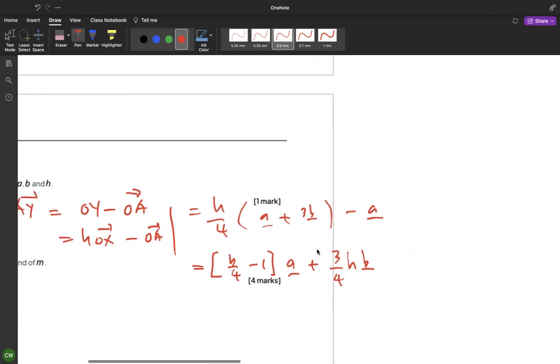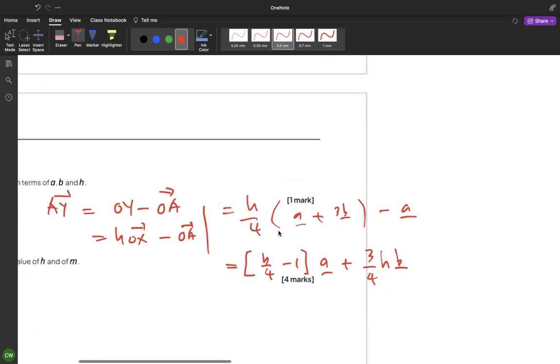哪一个？没有这个 h over 4 minus 1 嘛，放这边。h over 4 times 3 for B 嘛，写这边 here. Okay.